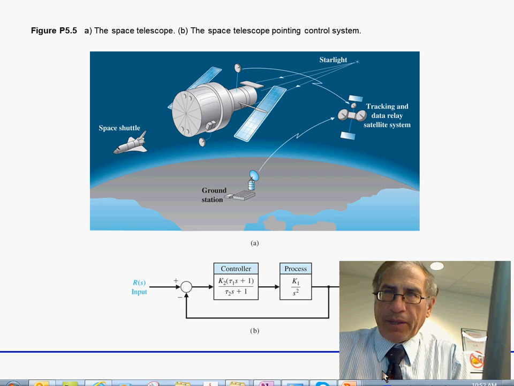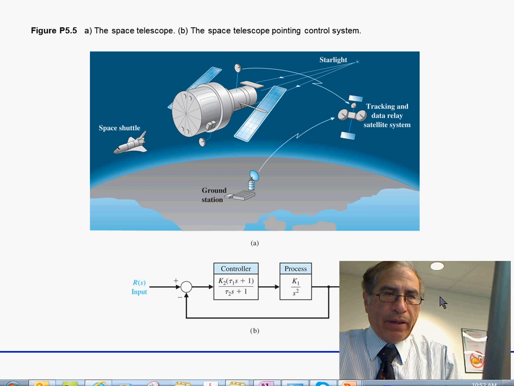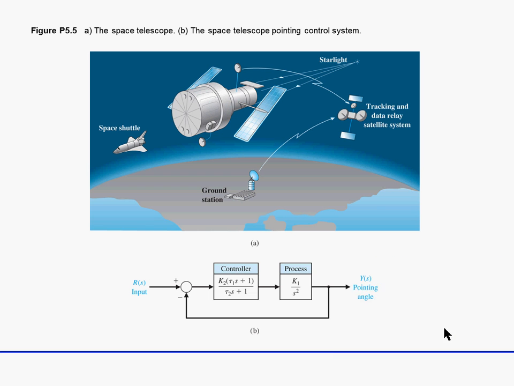those affects the system. But before we do that, I will give you a presentation about the different test signals and the kind of tests that we do on systems. We are seeing one on the screen right now, which is a very interesting one. You have in here the case of a space telescope, and then you have the space telescope pointing control system.